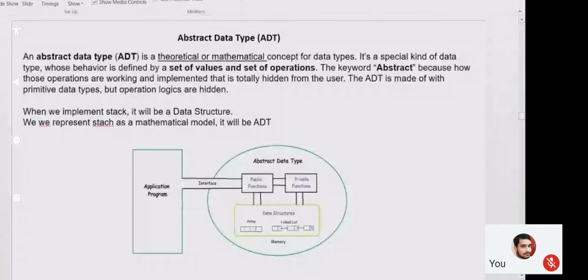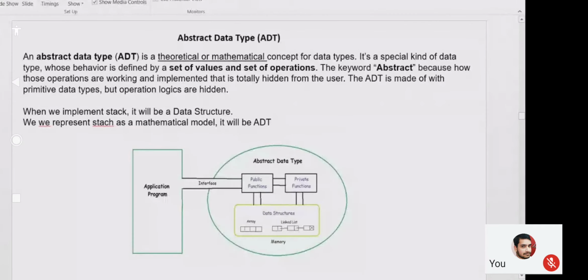So an abstract data type is a theoretical or mathematical concept for data types. It's a special kind of data type whose behavior is defined by a set of values and a set of operations. This part is very important. Suppose we have a stack.